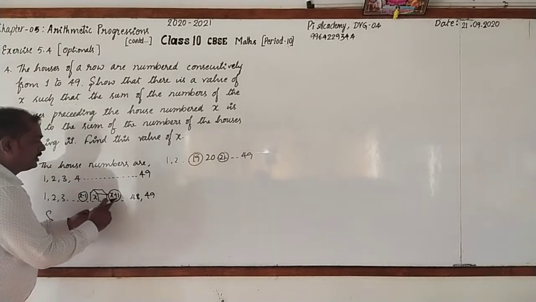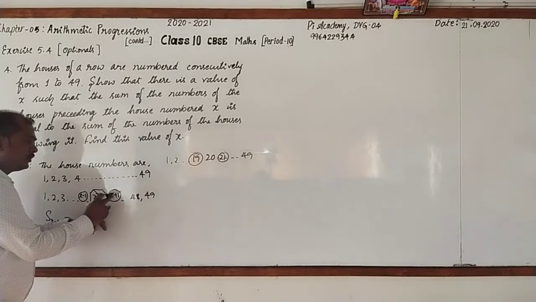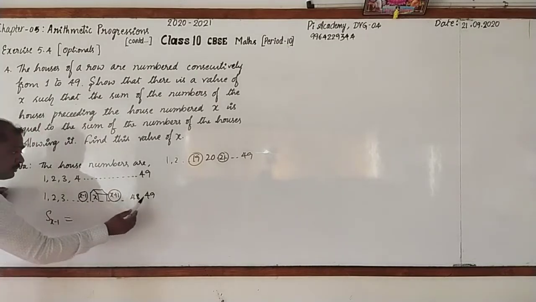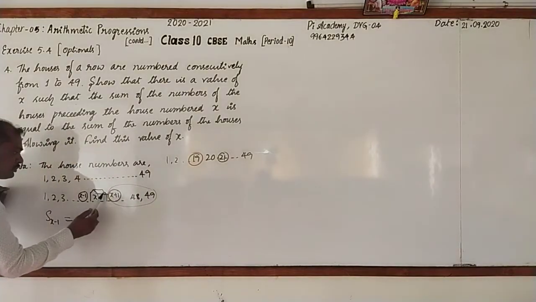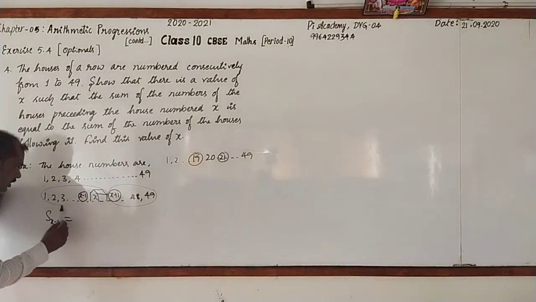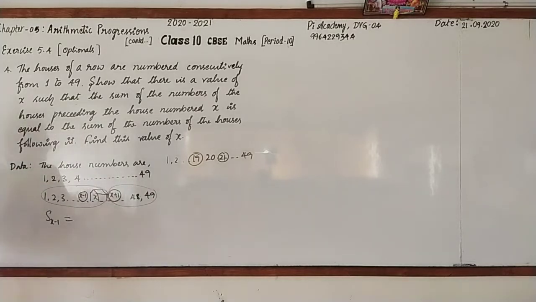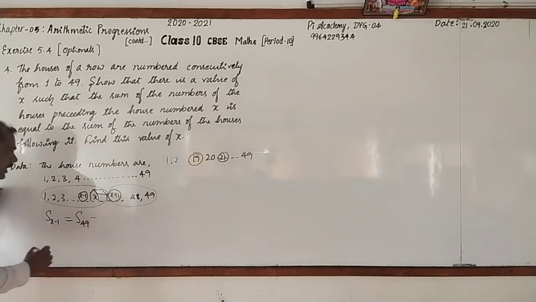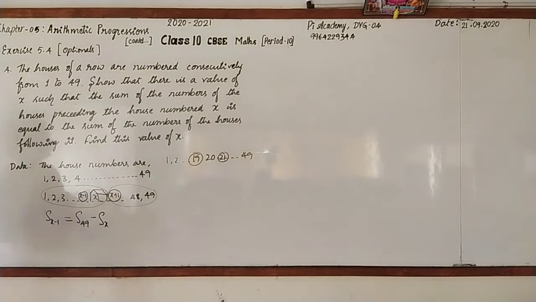Next is equal to the sum of the house numbers 1 after x number to 49. How do you do that? That means if you want to get the sum of these house numbers, you have to subtract this up here from whole 49. Clear? So we can write 49 minus x. Hope that you have understood.